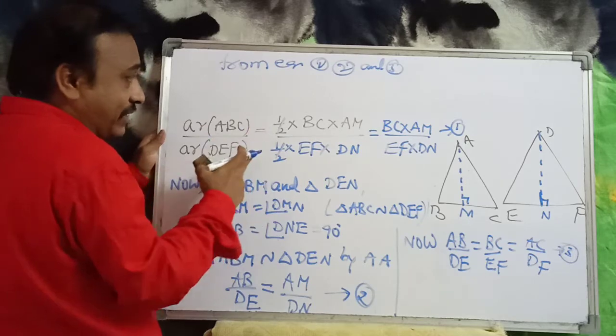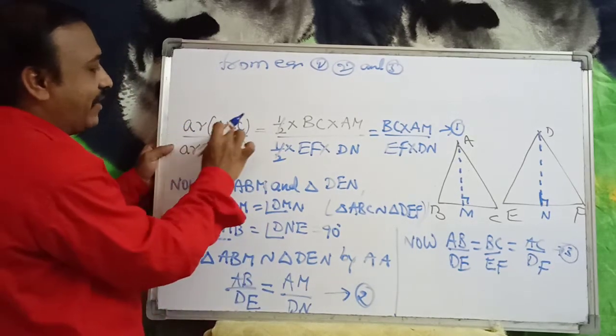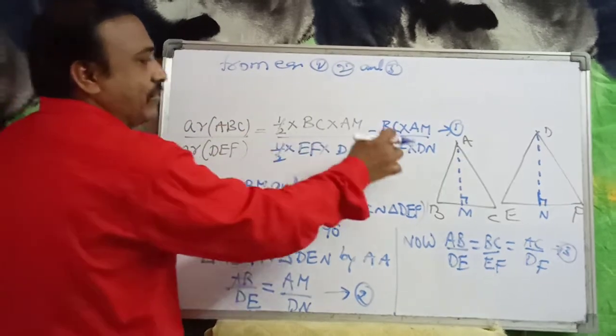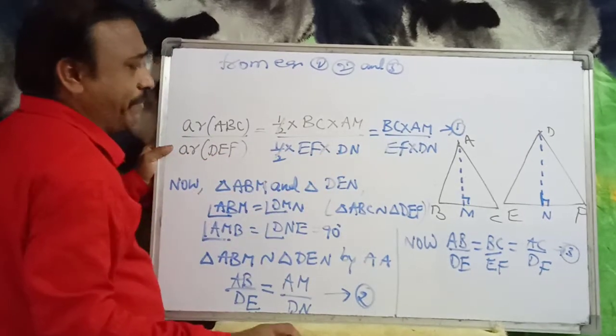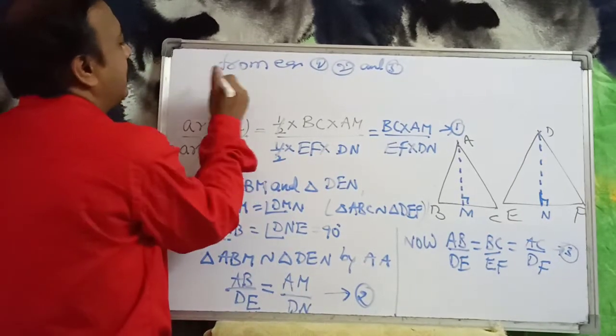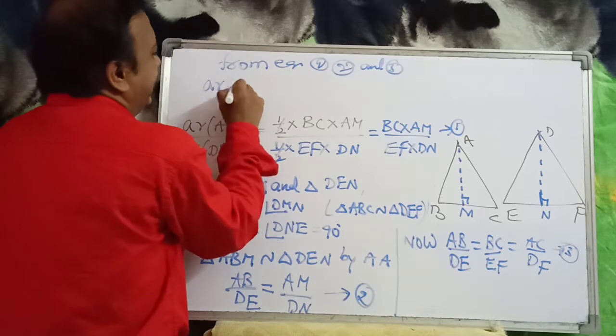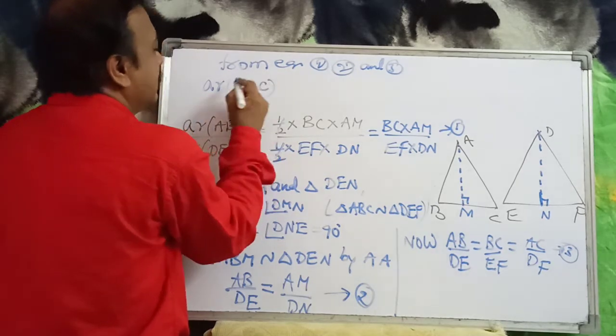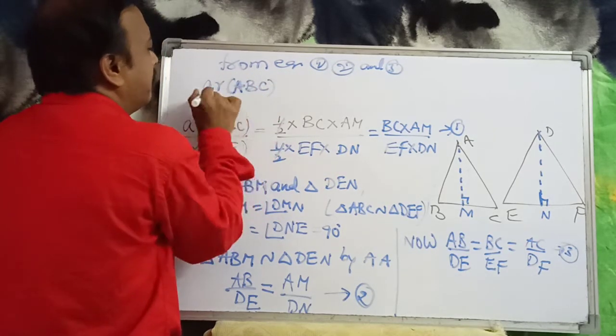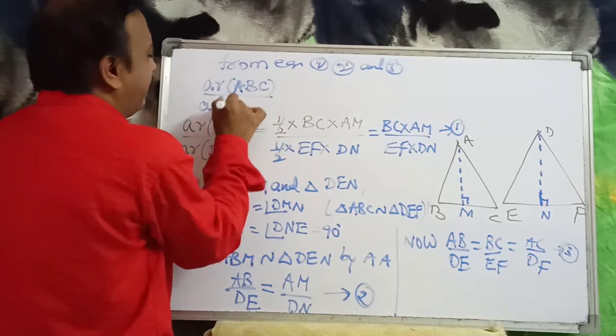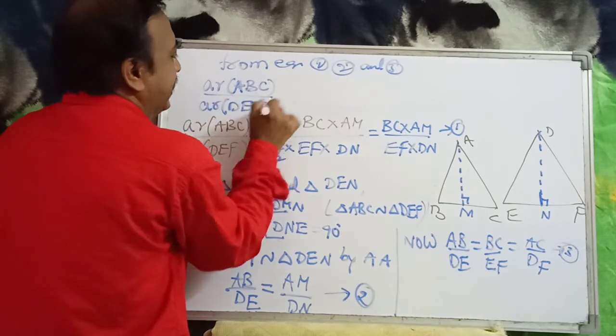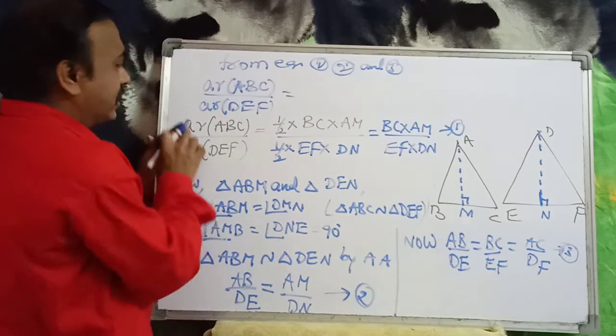See, this is equation 1. Area of ABC by area of DEF is equal to BC into AM by EF into DN.